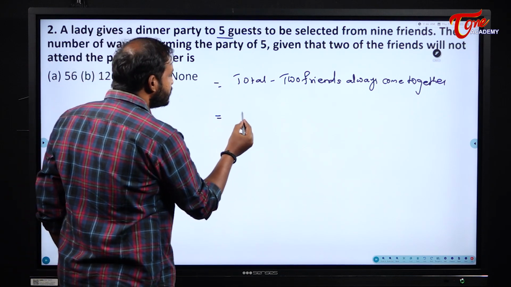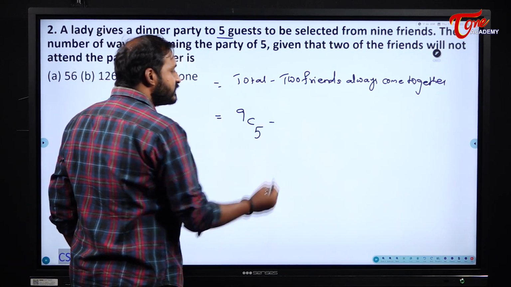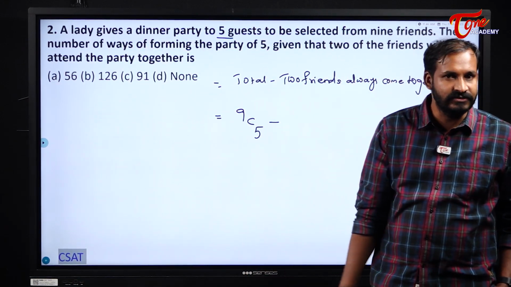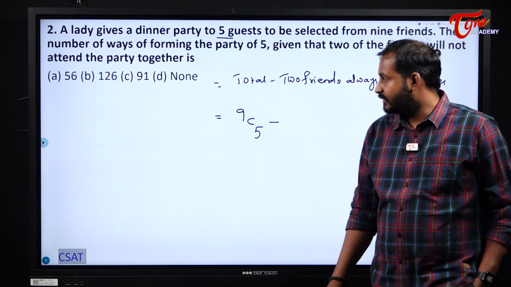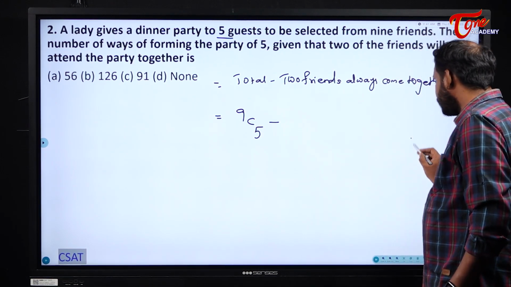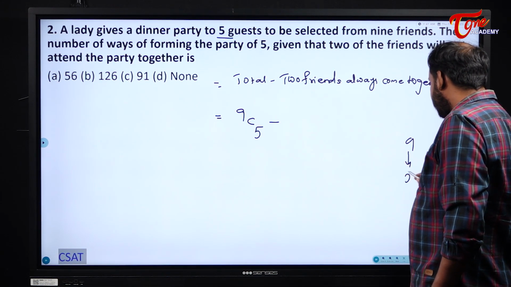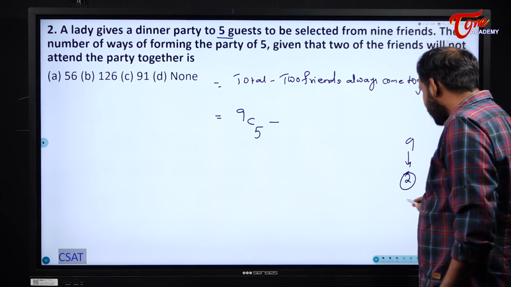So total number of ways is 9C5 minus the case where they always come together. In that party of 5 guests, definitely those 2 friends will be there. Total 9 friends are there, and those 2 people I consider as a group, and the remaining are 7 in number.